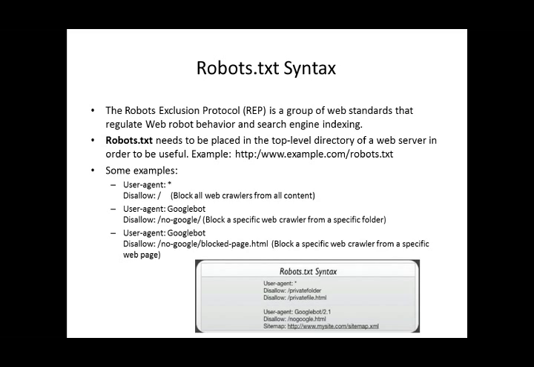So there are some examples that we can see over here of how robots.txt syntax would look. For example, if we want to block all the web crawlers from all content, this is primarily done when the website is not up and we are still working on it, and we want the Google crawlers not to crawl any web page on the website.